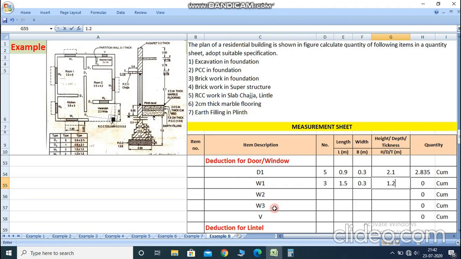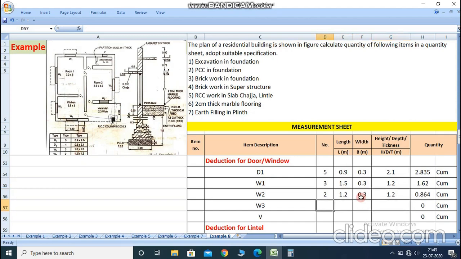From this table we put the values in this measurement sheet. Now W2, the number of W2 windows is given as 2, so right here 2. Then length is given as 1.2, 0.3 meter wall thickness. Then height is 1.2.